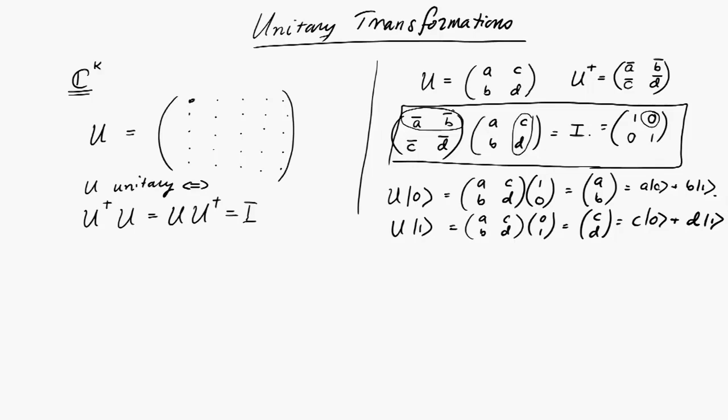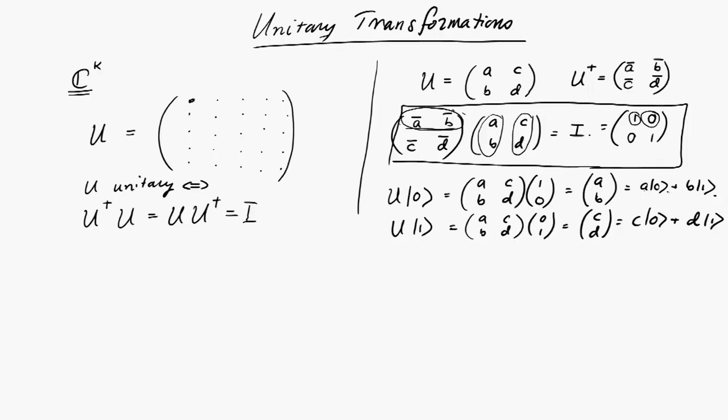So they're orthogonal to each other. What's the length of these vectors? Well, the length of this vector AB is given by the inner product of AB with itself, which is the product of this times that. And that's this entry.